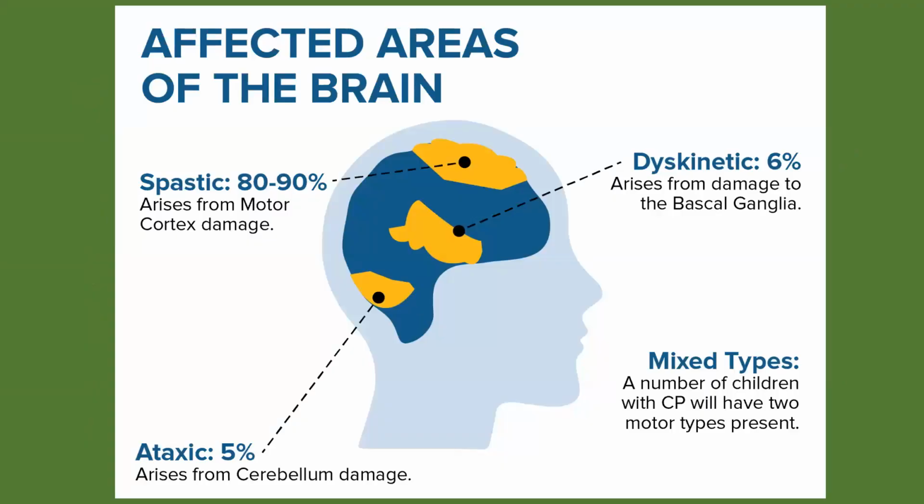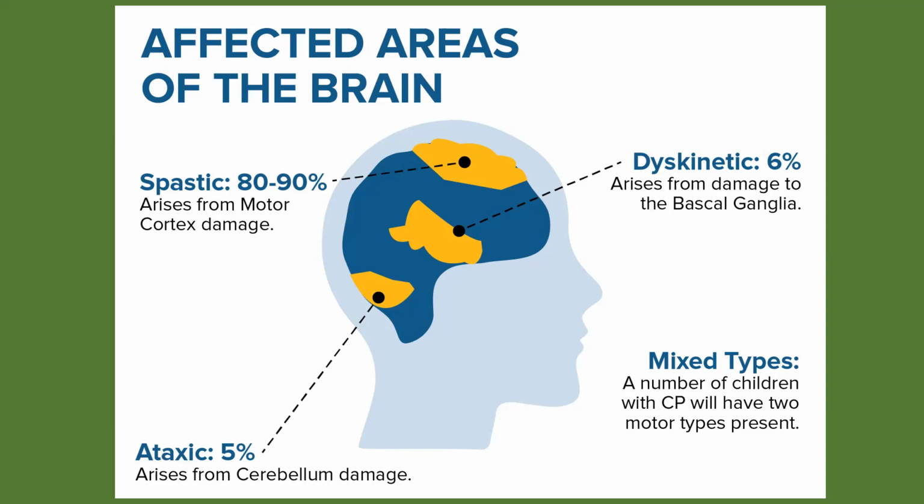It can affect certain portions of the brain. If it involves the cortex and there is damage of the cortex, these children will be born as spastics. And this is the most common type. If it arises in the basal ganglia, meaning that the injury or disturbance occurred in the basal ganglia, they become dyskinetic.